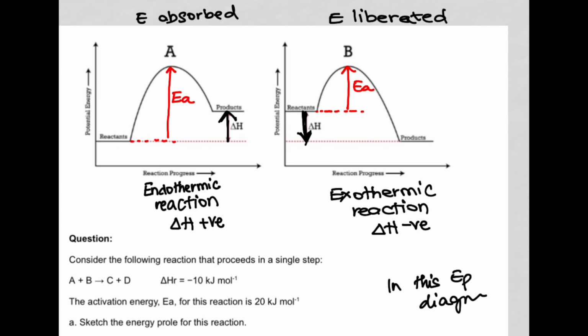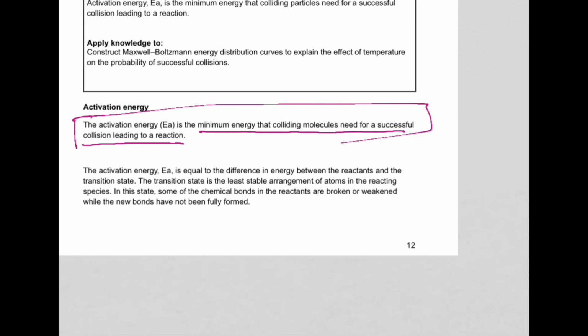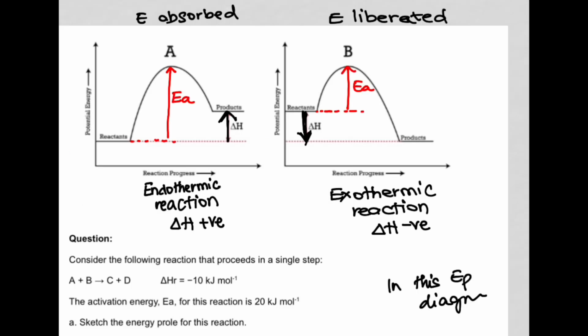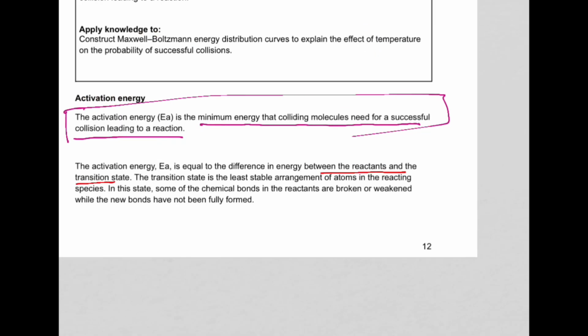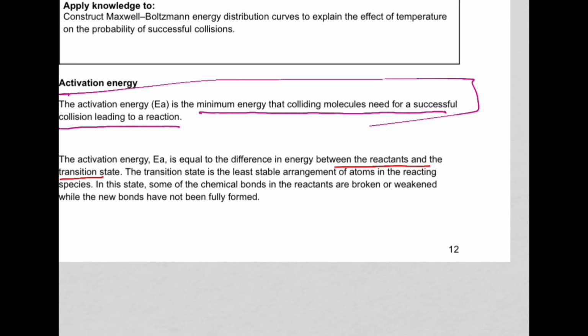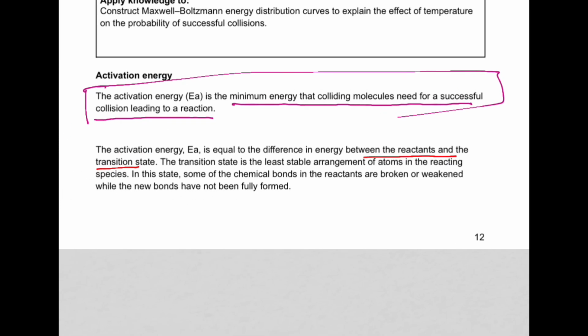And the activation energy is actually the energy gap between the reactants and the transition state. So this is called the transition state over here. And this state is a very unstable state where some of the chemical bonds are broken or weakened, and some of the bonds are starting to be formed.